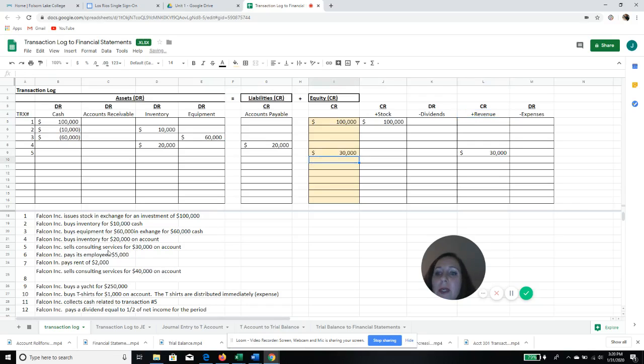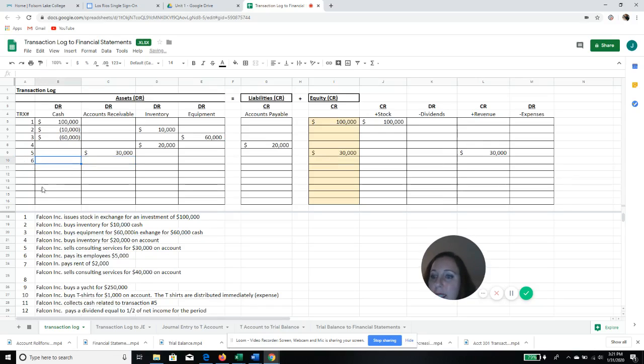On the other side, we sold them on account, which means we didn't receive cash from our customer, but rather we received a promise to pay. When we are in the selling cycle, a promise to pay is accounts receivable, so I'm going to enter $30,000 positive in accounts receivable because we are due money in the future. We've impacted the left side with positive 30,000 and the right side with positive 30,000, so we are in balance.